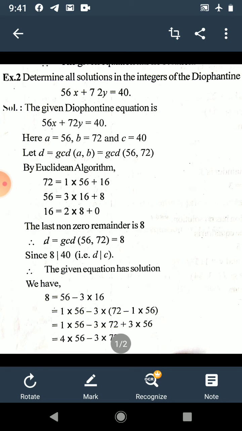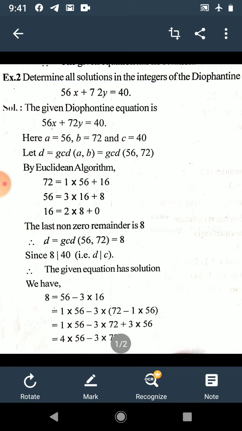We have seen as a theorem, if x0 and y0 is one particular solution, then all solutions are given by x is equal to x0 plus b upon d into t, and y is equal to y0 minus a upon d into t. Using this formula, today we shall solve a problem on linear Diophantine equation.